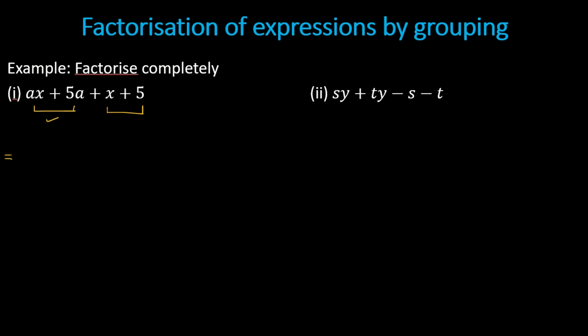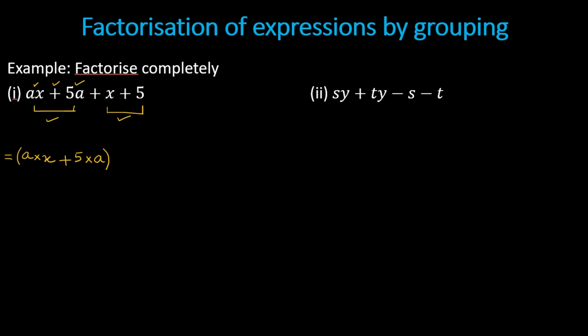So I take the first two terms. We have ax, it is simply a times x. You have your plus, you insert the plus. We have 5a, it is simply 5 times a, right? So the first two terms have been written in expanded form.